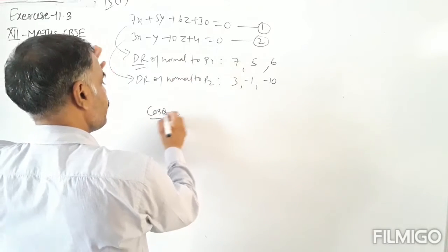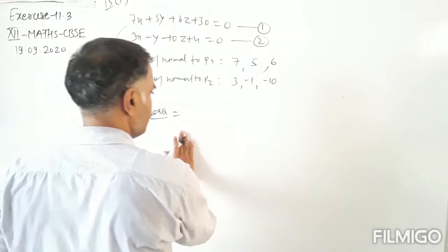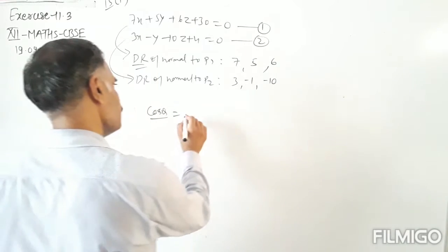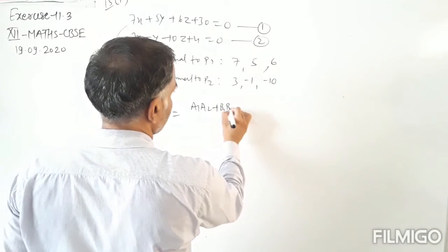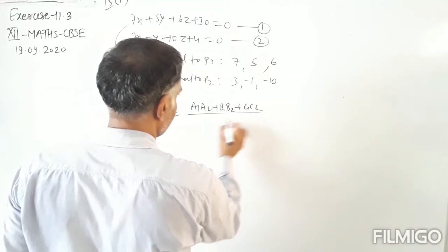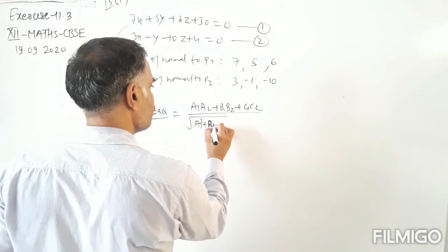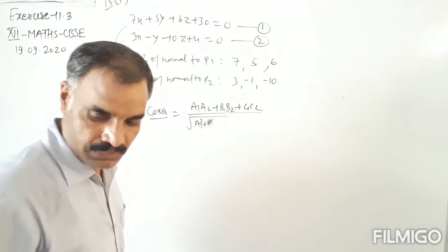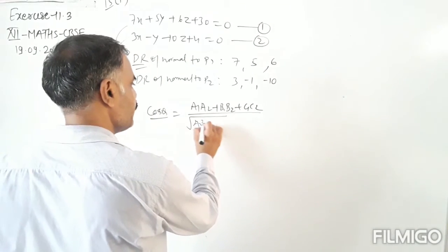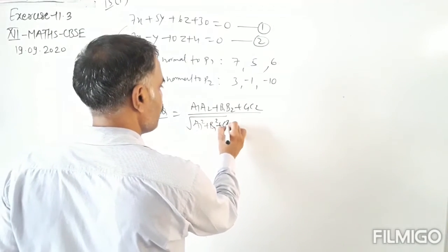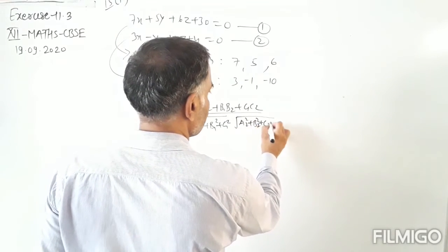Now the angle between these two planes is given by cos theta equals A1 A2 plus B1 B2 plus C1 C2 divided by under root A1 square plus B1 square plus C1 square times under root A2 square plus B2 square plus C2 square.